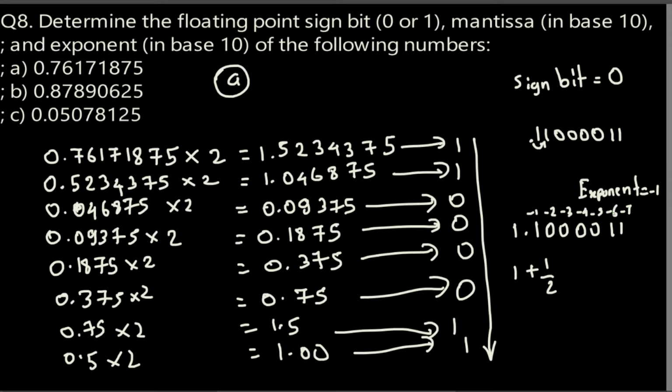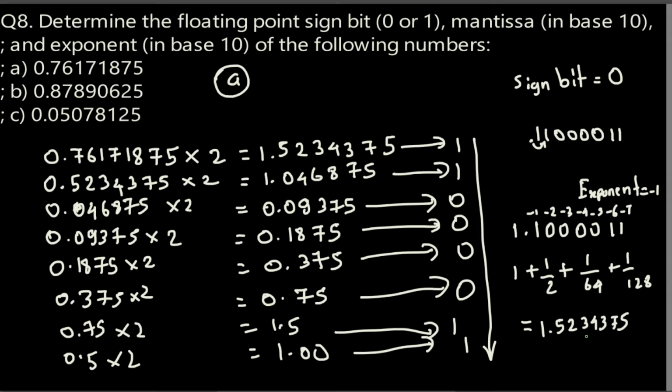So 2 power -6 and 2 power -7 have 1. 2 power -6 is equivalent to 1/64. 2 power -7 is equivalent to 1/128. If you calculate them, that's going to give you 1.5234375.